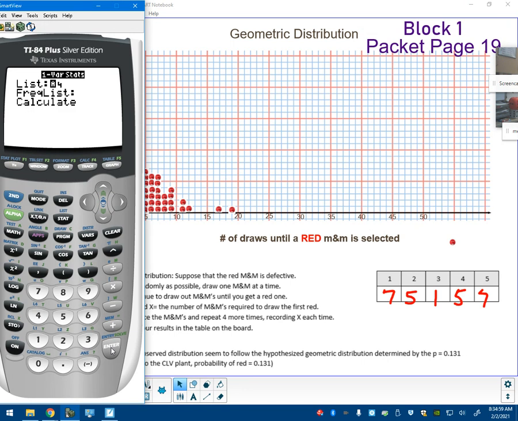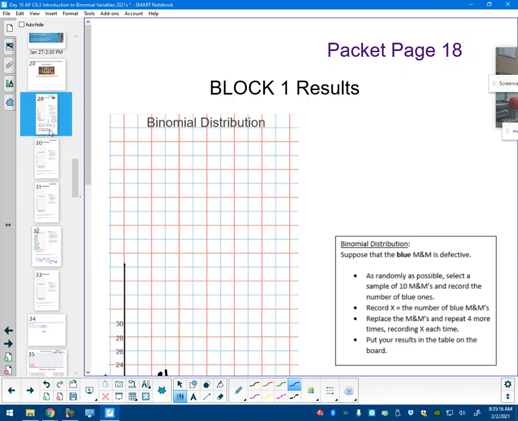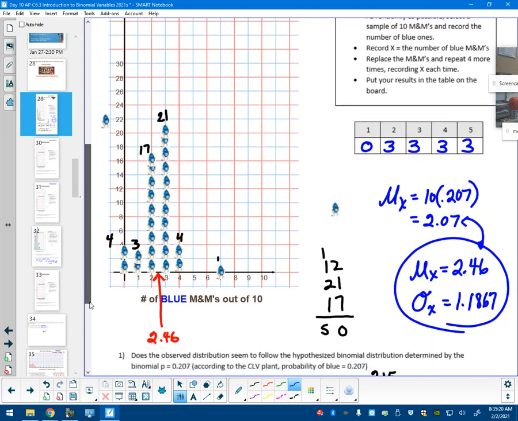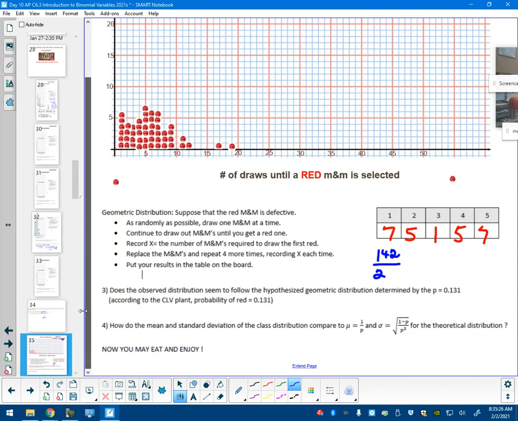So if I do stat, calculate one variable statistics on list 5, I get 142. And 142 divided by 817 is 0.173.